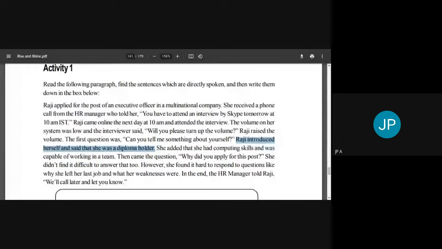Okay, so Sri Lakshmi had typed something there. What she has said is mentioned there, but it is not given in inverted commas. There is a specific reason why: it is not directly spoken by her.